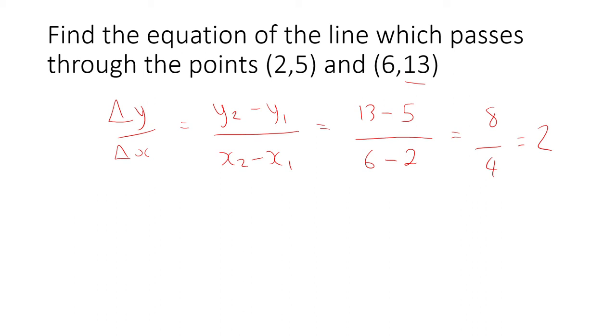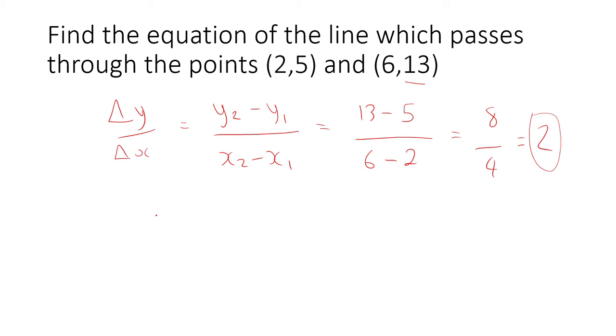Now to find the y-intercept, you take one coordinate and you combine it with knowing the gradient of 2, and you'll essentially get the y-intercept from there. I'm going to pick the point (6, 13), but I could have picked the point (2, 5) as well.